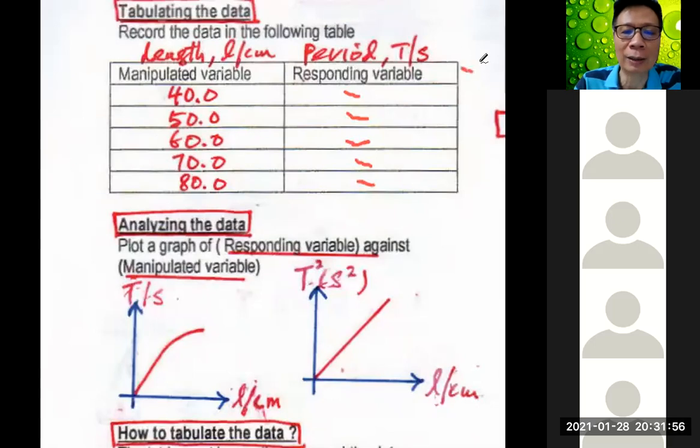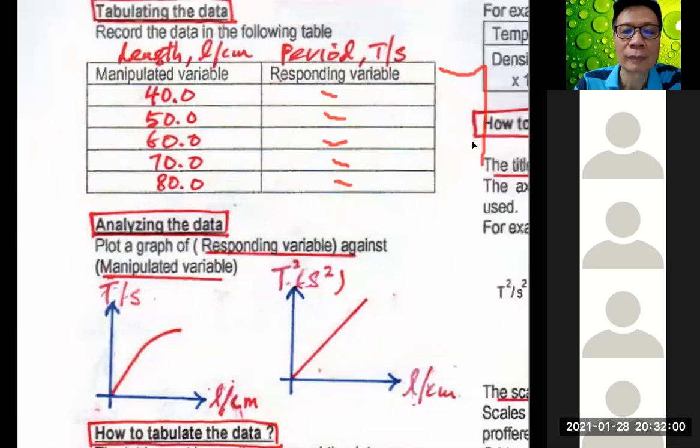You add another column here, like this. For example, here is 5. Then for T square, you square it. So 5 squared becomes 25. Here is 25.